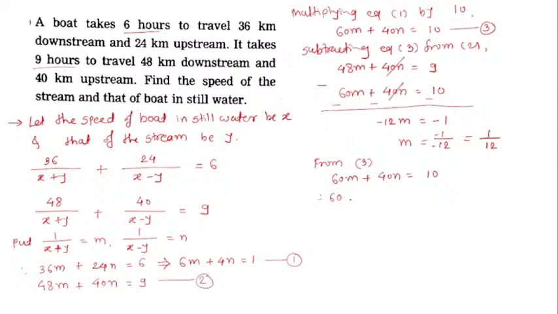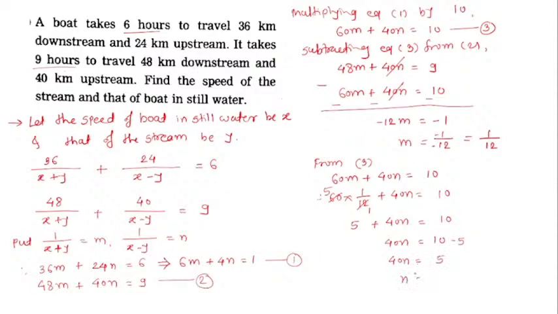So 60 into value of m we have just found to be 1 divided by 12 plus 40n is equal to 10. इथं 12 ने भाग आलो तर 12 पंचे 60 चा भाग आहे. So 5 plus 40n is equal to 10. So 40n is equal to 10 plus 5 going to that side, it will become minus 5. So 40n is equal to 10 minus 5, that's 5.